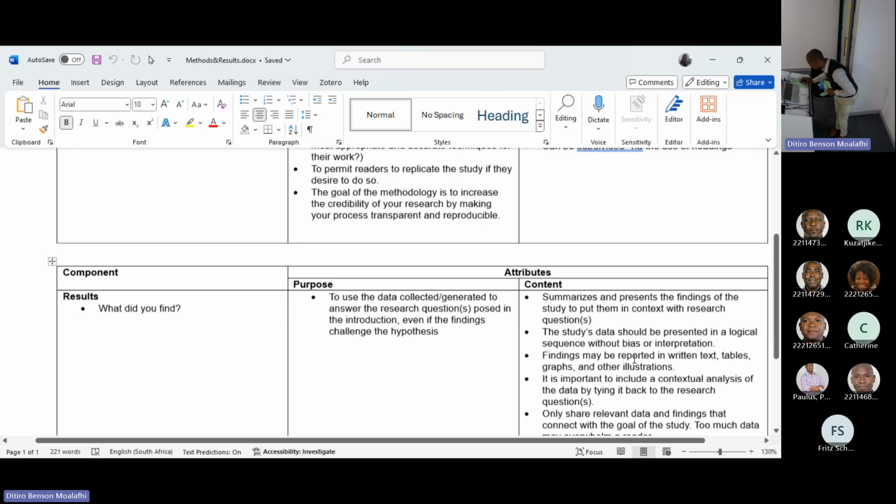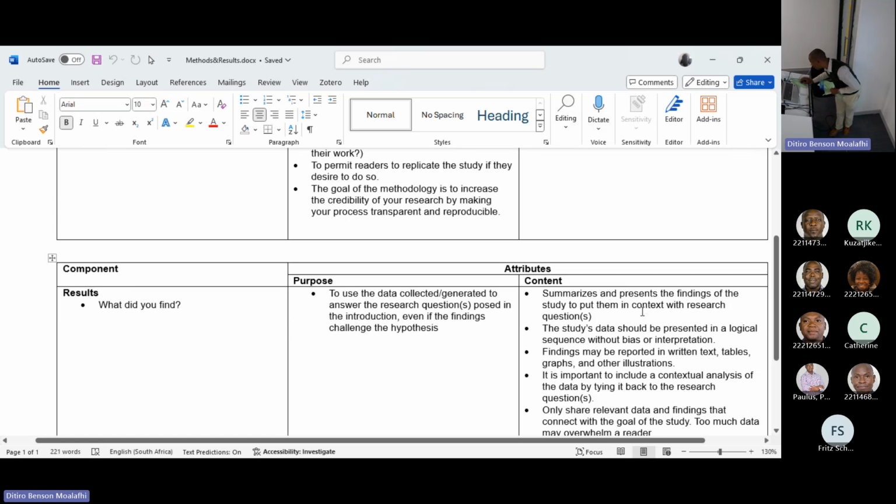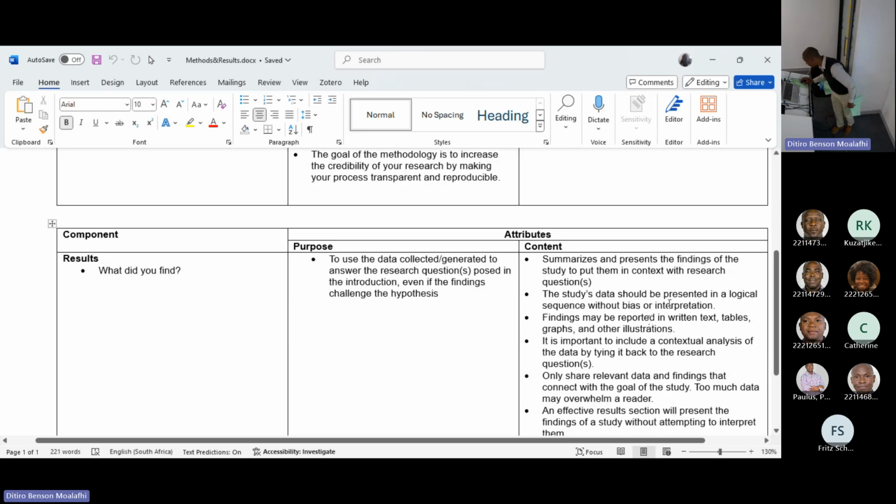The content is to summarize and present the findings of the study and put them in context with the research questions. At the end of the day, I think you also appreciated that figure on synthesizing all the components of a manuscript, and how they are interlinked with each other. As much as possible, the study's data should be presented in a logical sequence without bias or interpretation, because here we are talking results.